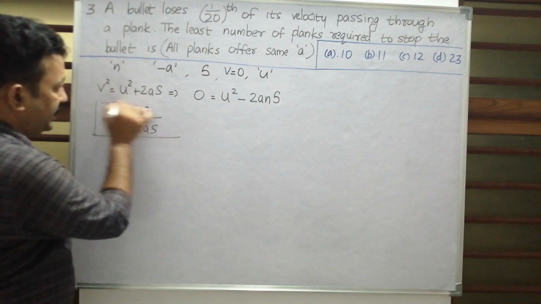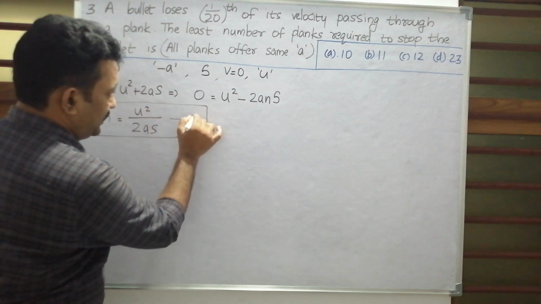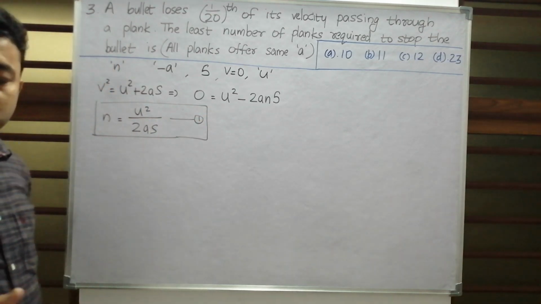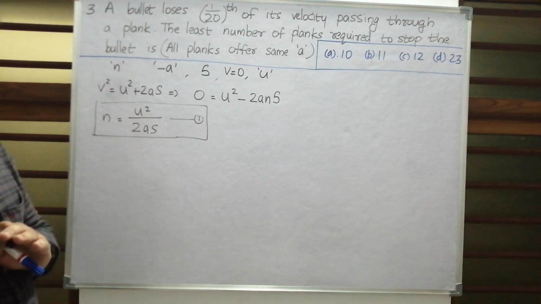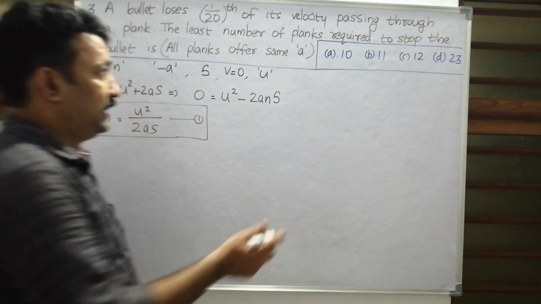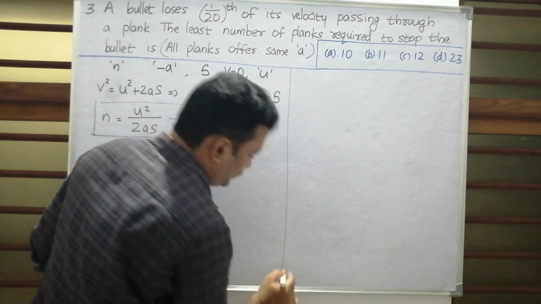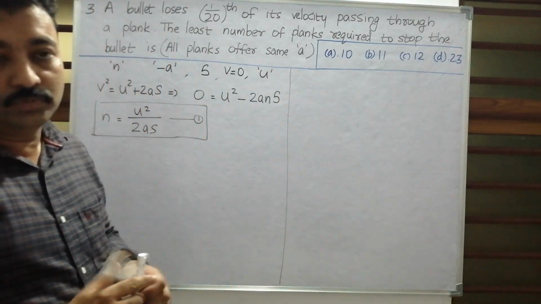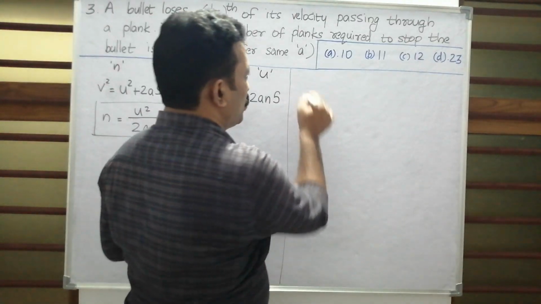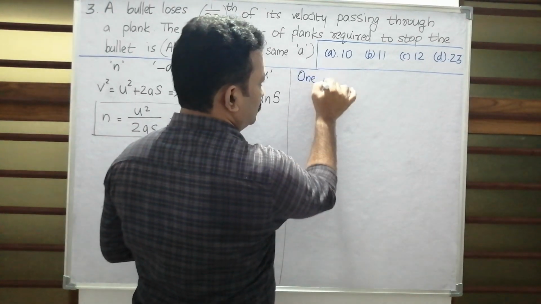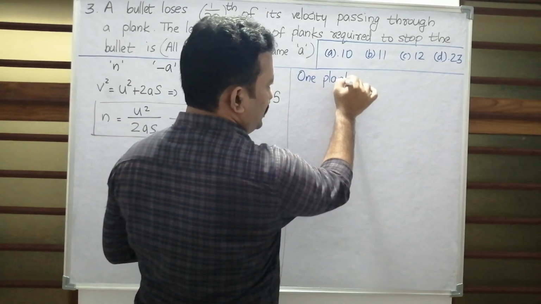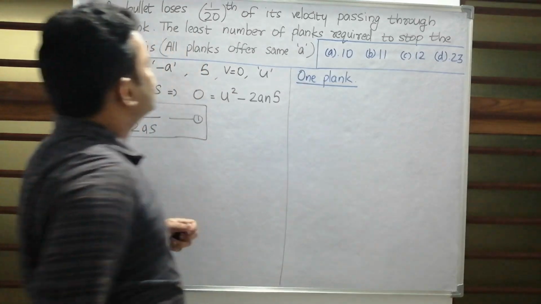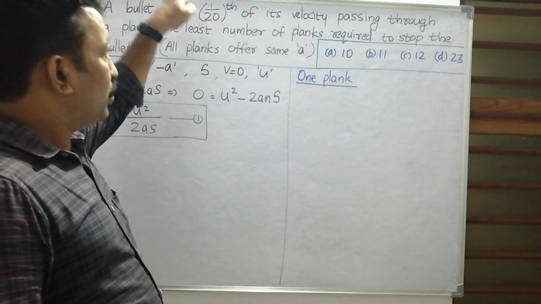I got this one in terms of u and s. Now our aim is to replace either u or 2as. We have one given data.